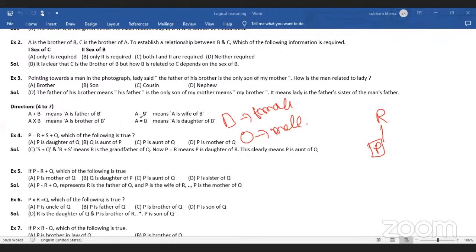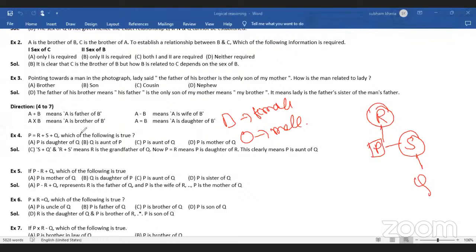R plus S. Plus means what? R is the father of S. If R is the father, that means R is male. And S, now I don't know the gender of S. S can be son or daughter. S plus Q. So S is the father of Q. That means S is also a male. Q, now I don't know Q's gender.